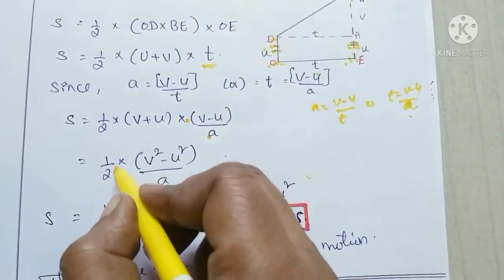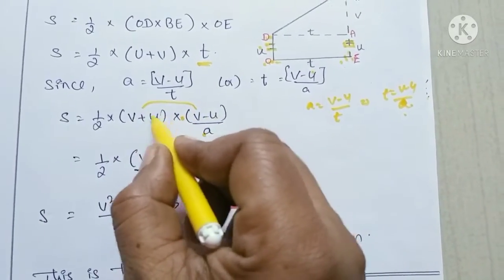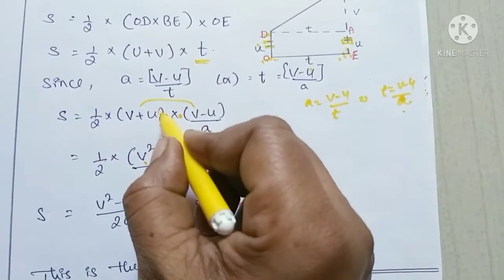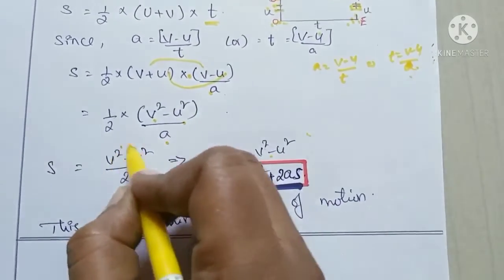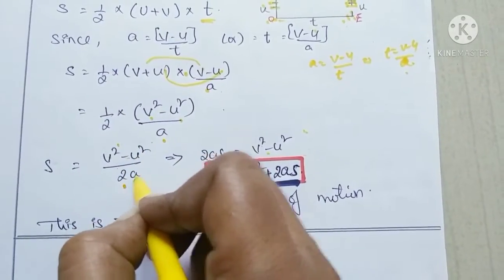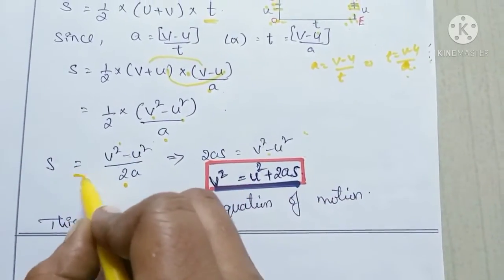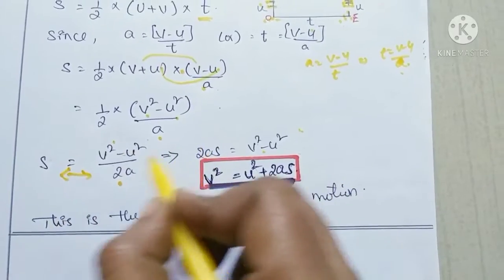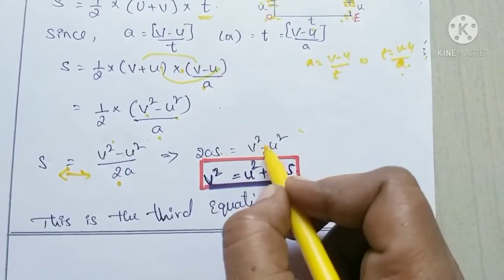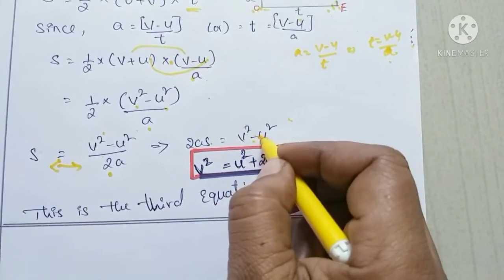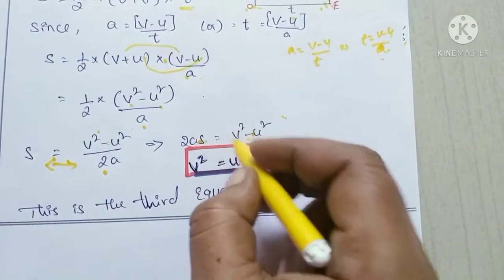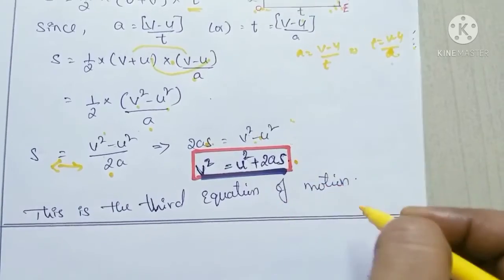Multiplying inside, v into v is v square, u into u is u square, by 2a. So we get v square minus u square by 2a. Interchanging, 2as is equal to v square minus u square. So v square equals u square plus 2as. This is the third equation of motion.